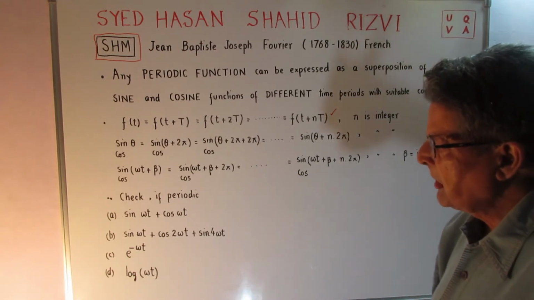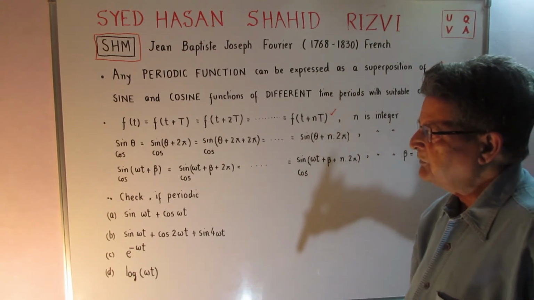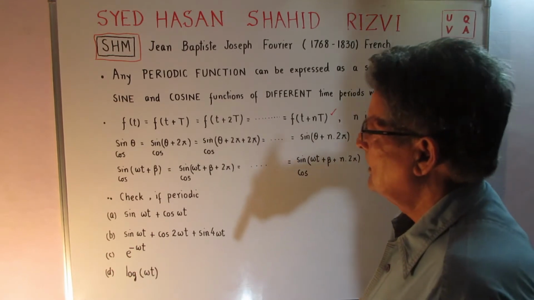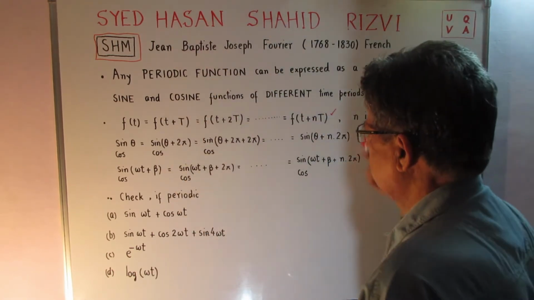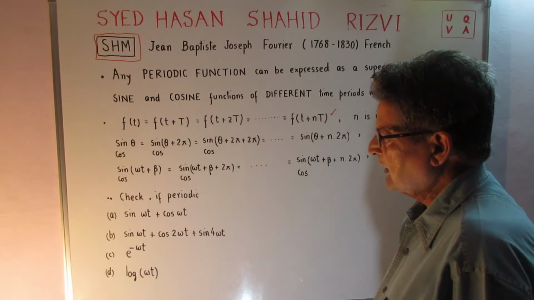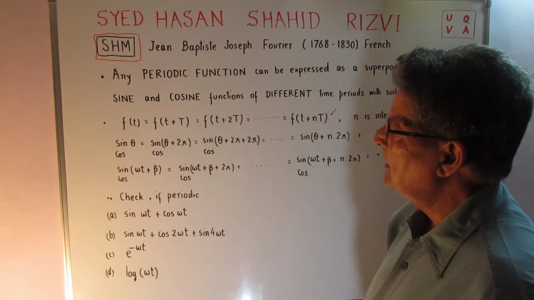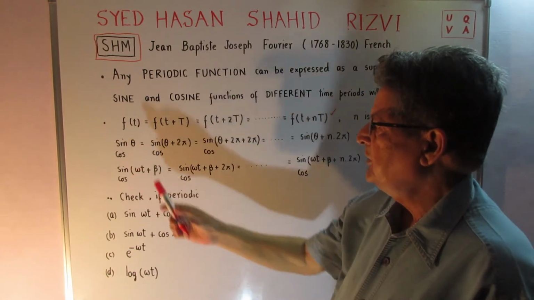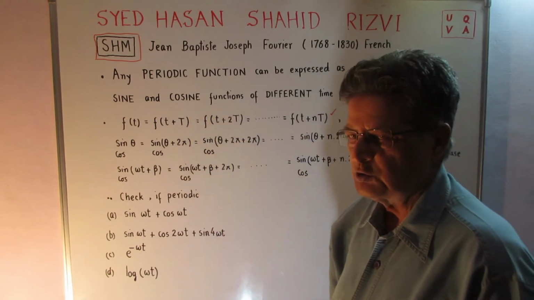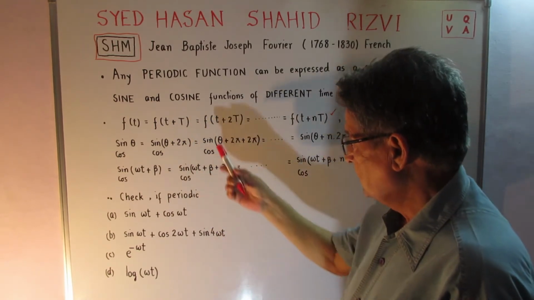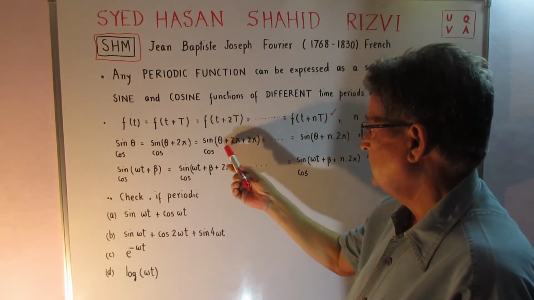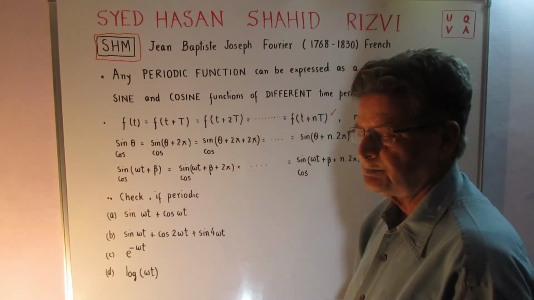Which means that, for example, like in the case of the reference circle that I made for you earlier, sine of theta is equal to sine of theta plus 2 pi, is equal to sine of theta plus 2 pi plus 2 pi.